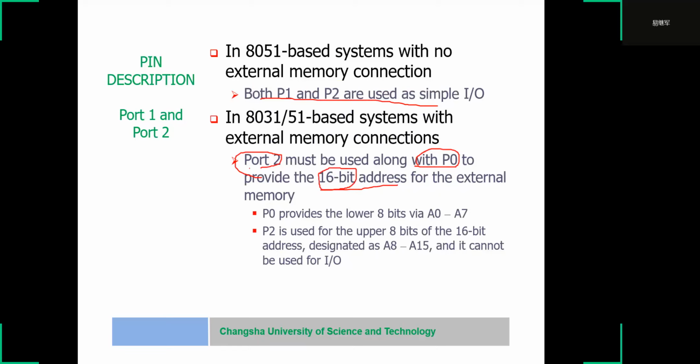P0 provides the lower 8 bits, A0 to A7. P2 is used for the upper 8 bits of the 16-bit address, designated as A8 to A15, and it cannot be used for I/O. When P0 and P2 are used together, P0 cannot be used as a simple I/O.